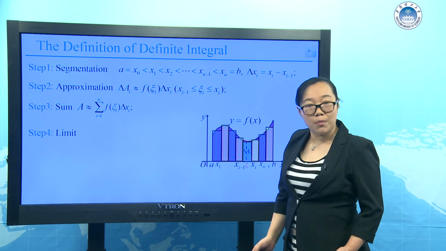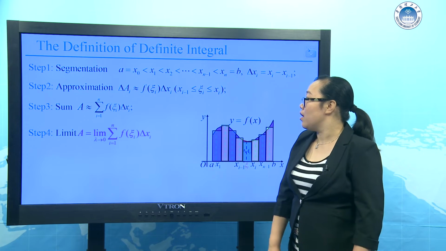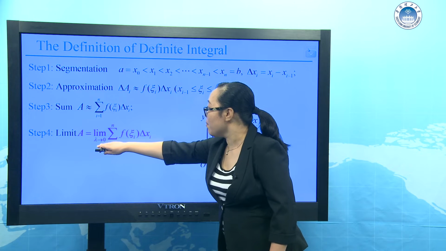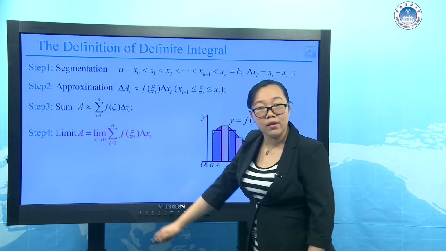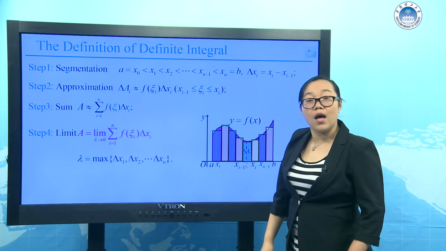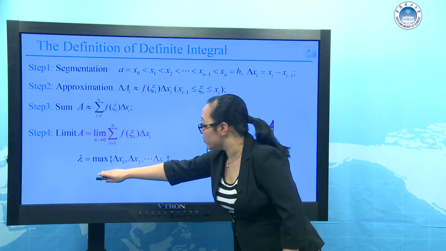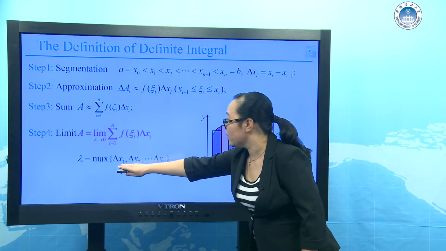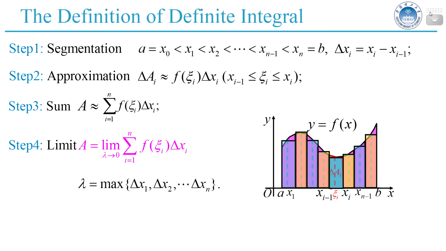So do step 4, getting the limit. How to get the limit? The area A equals the limit as lambda tends to 0 of the summation, i from 1 to n, where n is large enough, and lambda equals the maximum of the interval lengths delta x1, delta x2, until delta xn.